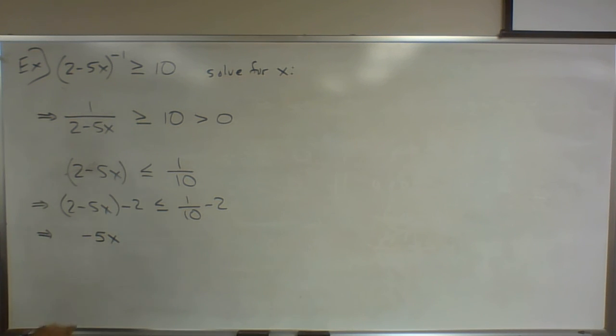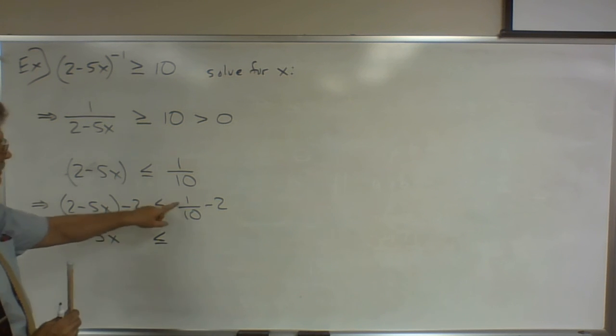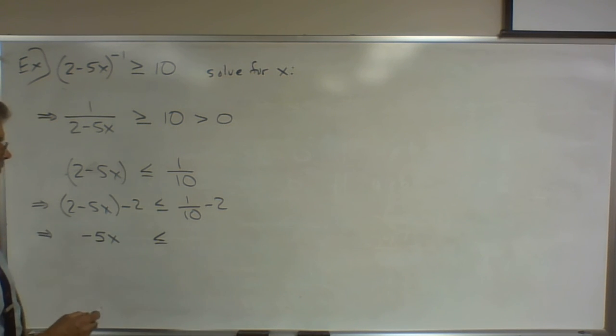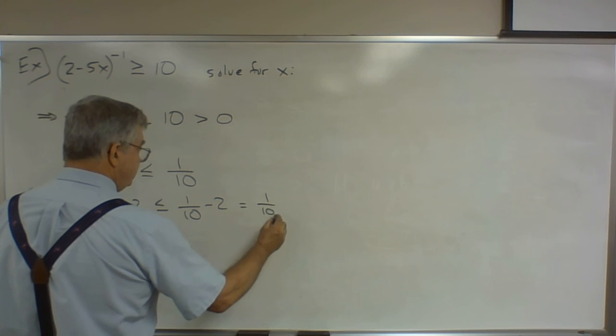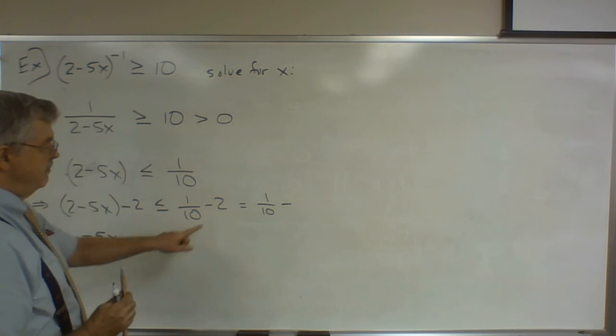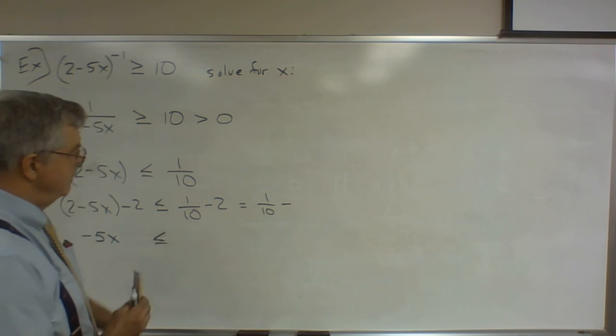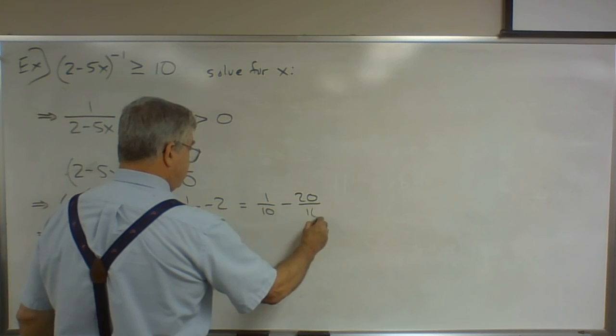And let's see, 1/10 minus 2, that's the same as 1 over 10 minus 2, which is 20 over 10, isn't it?